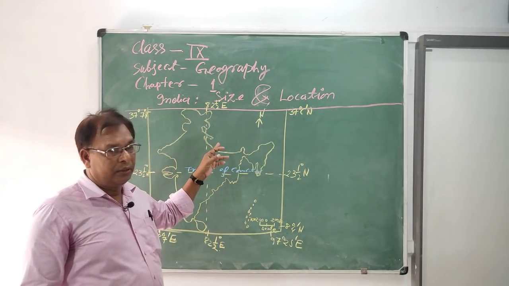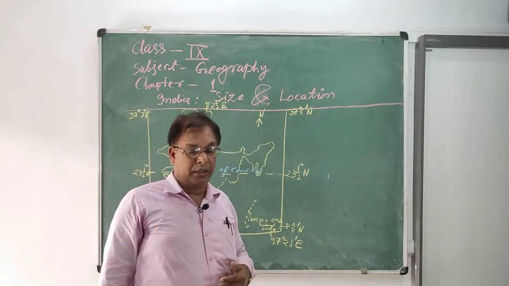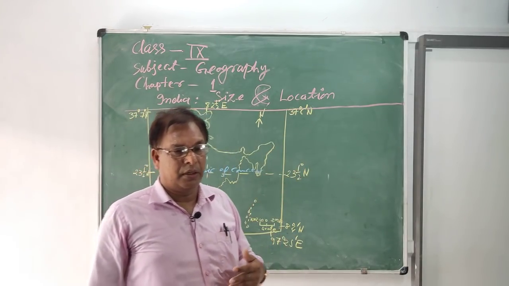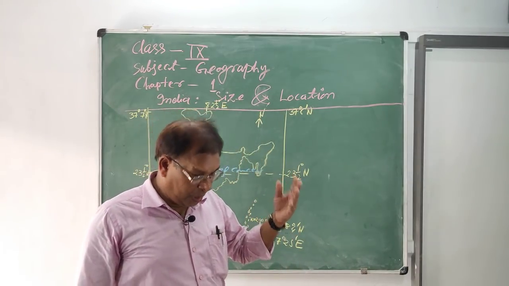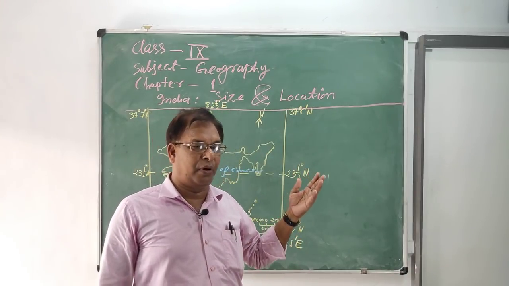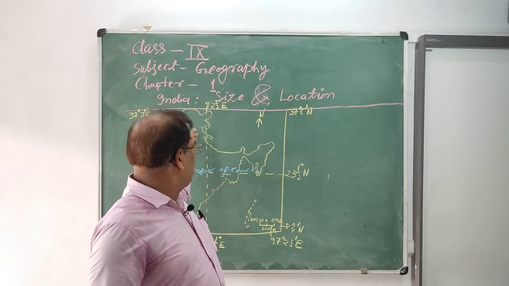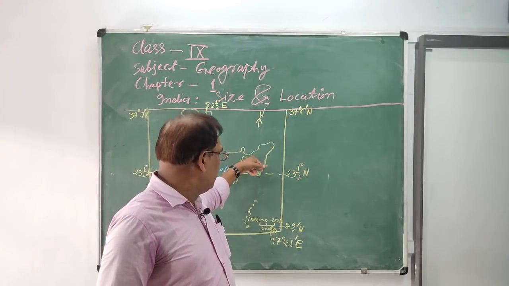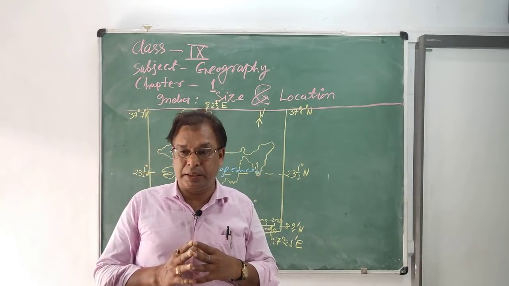So, Ganga, Satluj, Gandak, Bagmati, Ghagra, Koshi, Sharda, Balan, these rivers originate from the Himalayas, and the Yamuna, Indus and Brahmaputra rivers also originate from the Himalayan regions.